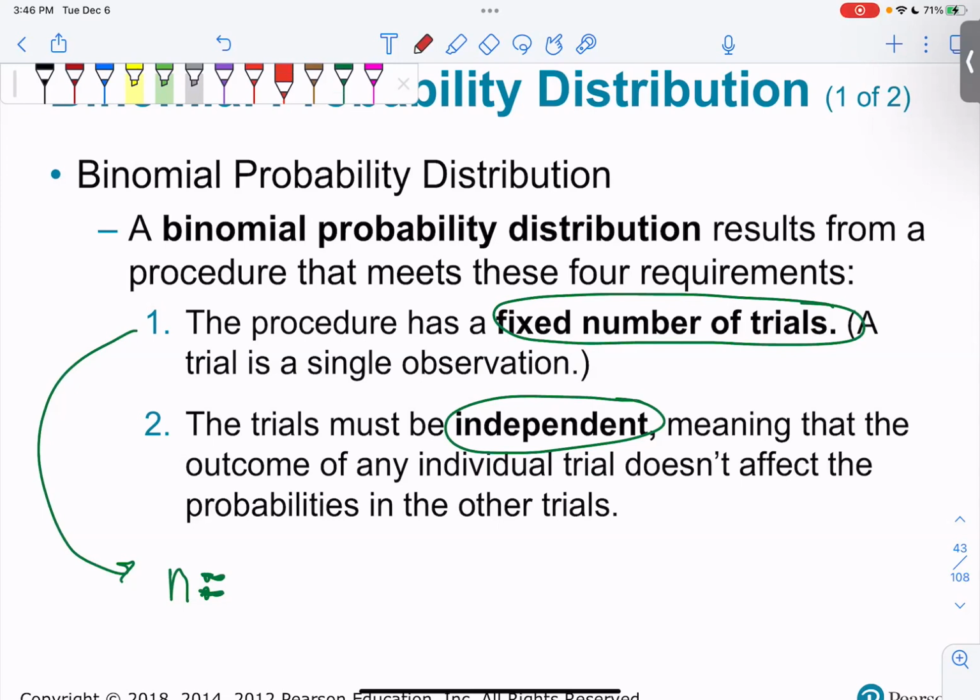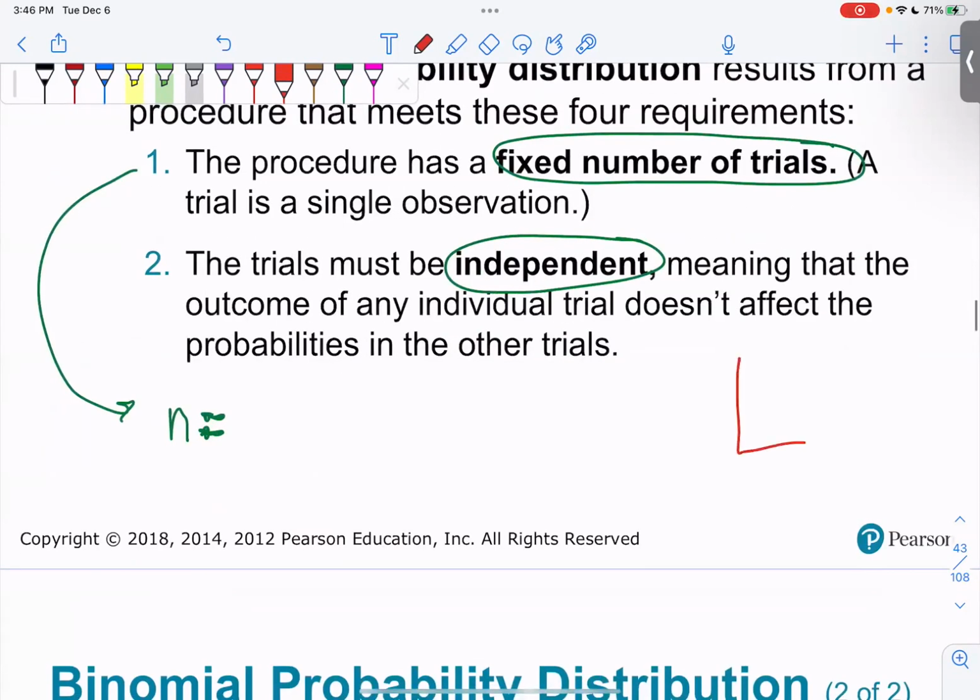If we have this hat maybe, and we have some marbles inside, what's the probability that I'll get a red marble if I select only one? How many reds do we have? 2 divided by the total number, 5.